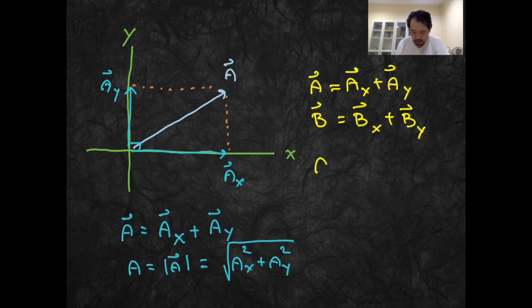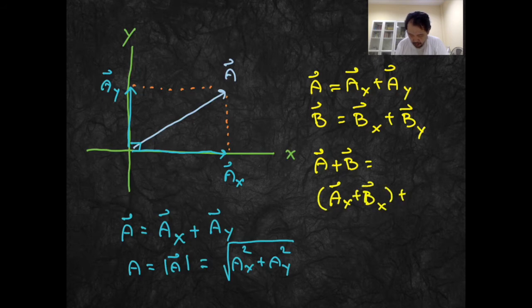Okay. If we add A plus B, it will equal AX plus BX plus AY plus BY. This is a commutative property that we discussed earlier.